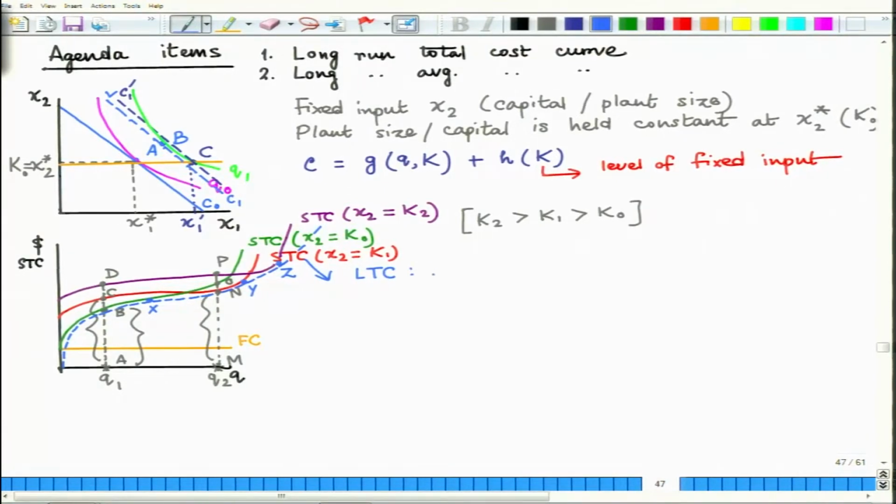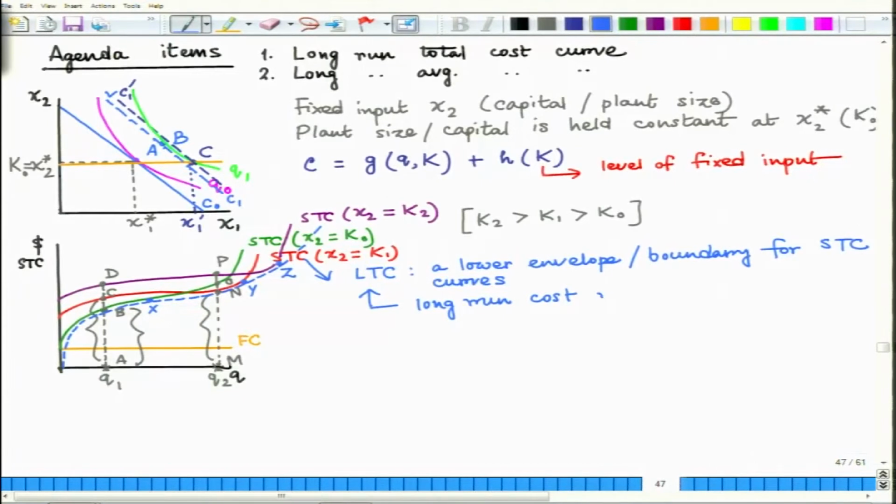So long run total cost curve is basically a lower envelope or boundary for short run total cost curves, and this long run total cost curve comes from the long run cost minimization exercise where all inputs including plant size are variable and the firm chooses all of its inputs optimally, right.